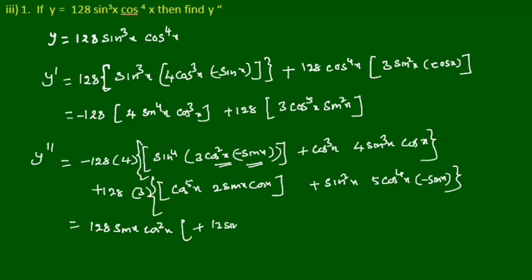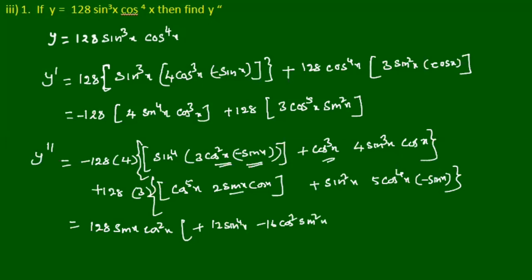Minus I have taken 128 sin x cos square x, so minus 4 into 3, into minus is plus 12 sin power 4x. Here cos square x is taken common, cos square remains, and sin x is taken common, sin square x remains. Cos square x sin square x into 4 4s are 16. So minus 16 cos square x sin square x, and then 128 sin x cos square x is taken common.